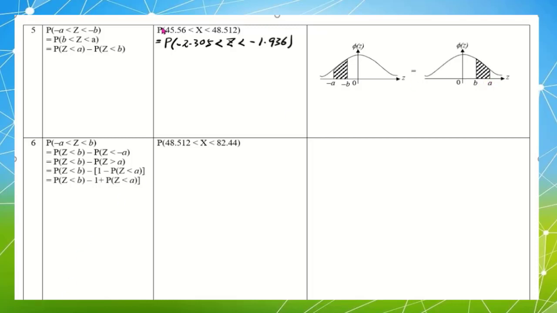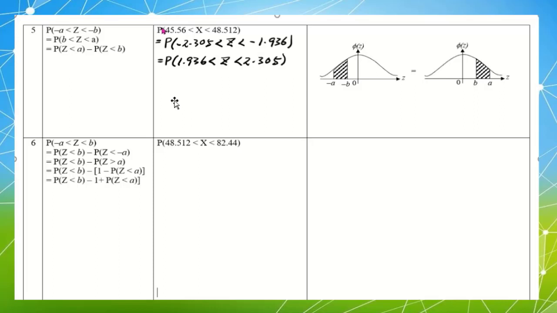So therefore, when I change to positive value here, I get probability for z greater than positive 1.936 and less than positive 2.305. Now I can separate this inequality into two by using the example in example number 4.